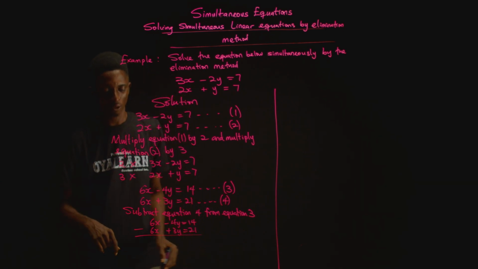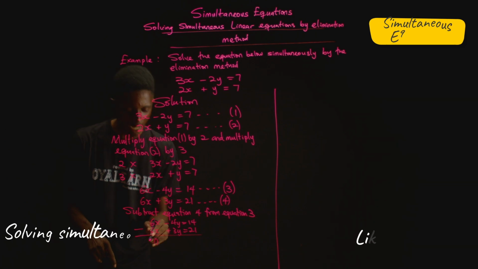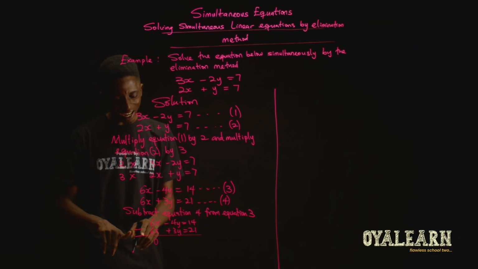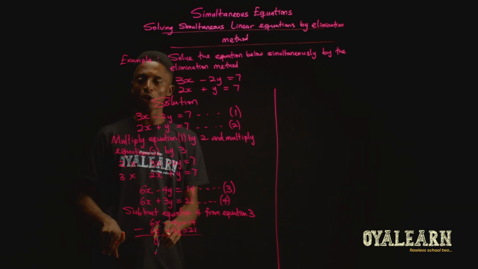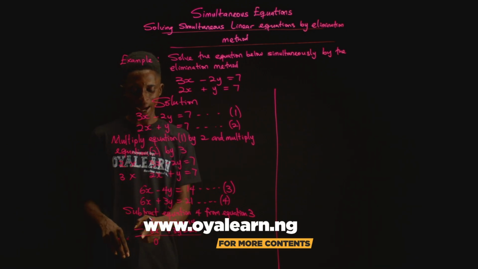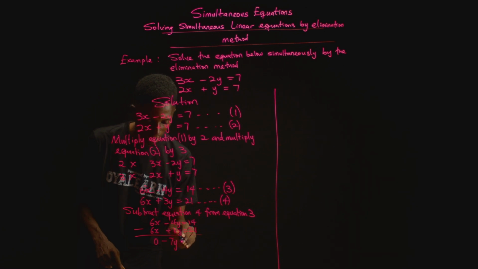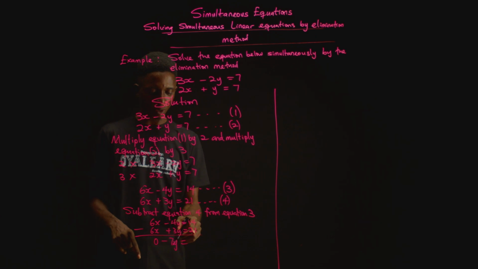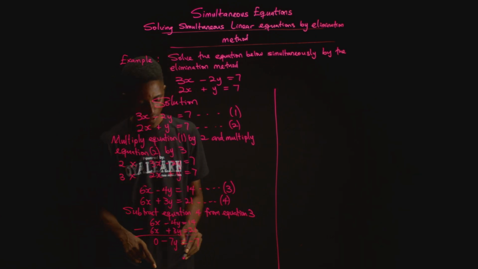Now let's see what this will give us. 6x minus 6x gives us 0. Minus 4y minus plus 3y. In this case, minus multiplied by plus will give us minus. So we have it as minus 4y minus 3y. And that becomes minus 7y equals, now 14 minus 21 will give us minus 7.